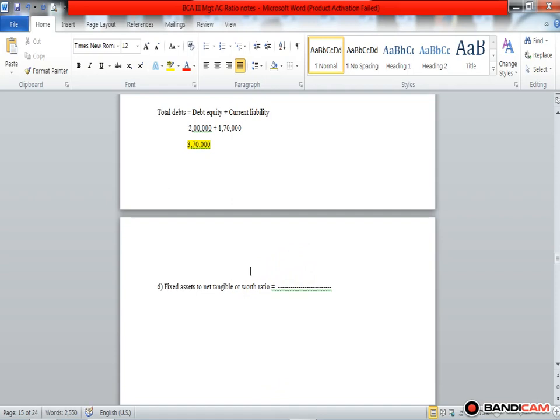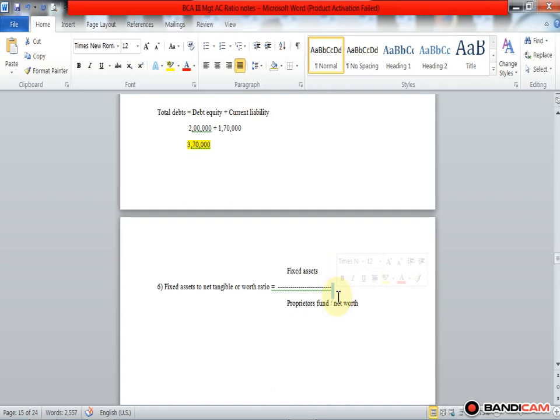Fixed assets to net tangible, fixed assets divided by proprietors fund or net worth into 100.